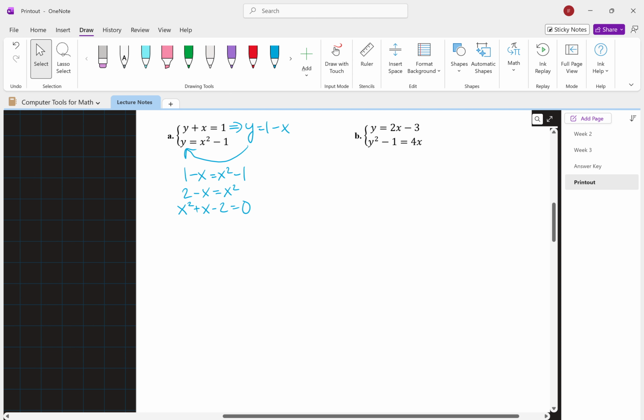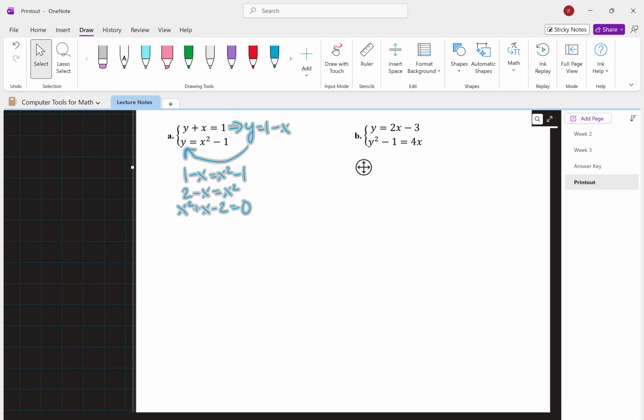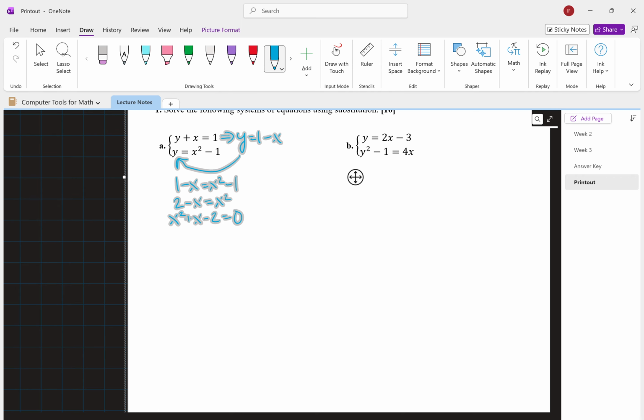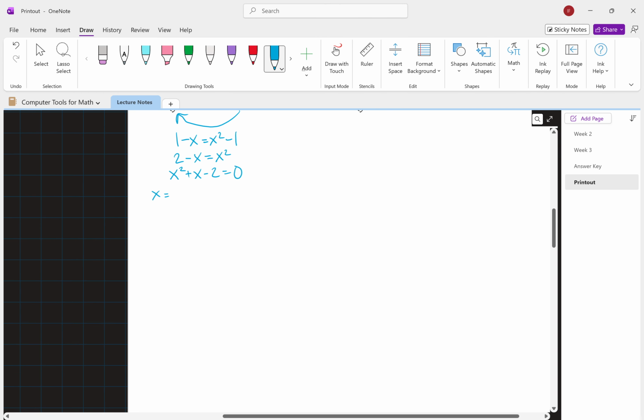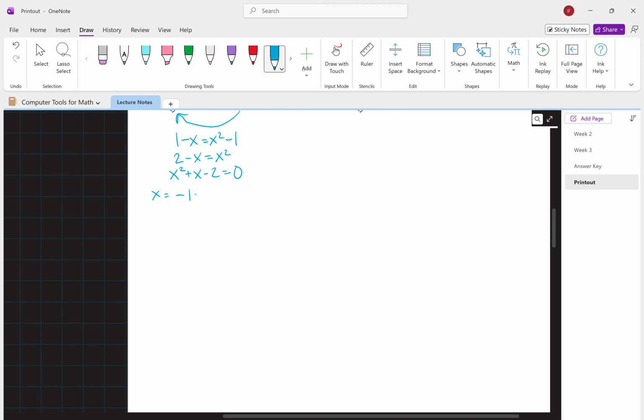And then from there we can use the quadratic formula, which is negative b plus or minus the square root of b squared minus 4ac over 2a. So x is going to be equal to negative b, which is 1, plus or minus the square root of 1 squared minus 4 times 1 times negative 2, over 2 times 1.